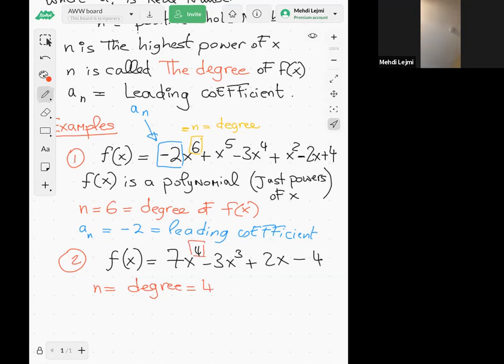Now, in front of x to the power 4 we have 7, and so 7 would be the leading coefficient. So the 7 here, that's what I call the leading coefficient.